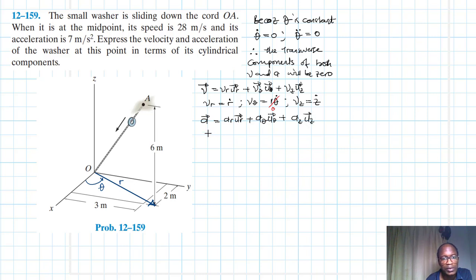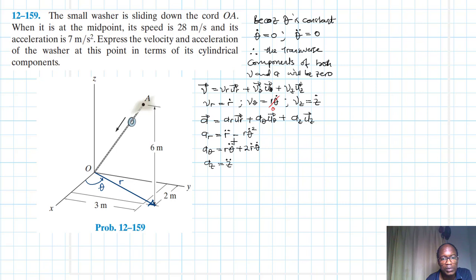And our AR is just equal to R double dot minus R theta dot squared, A theta is equal to R theta double dot plus 2 R dot theta dot, and then AZ is Z double dot.